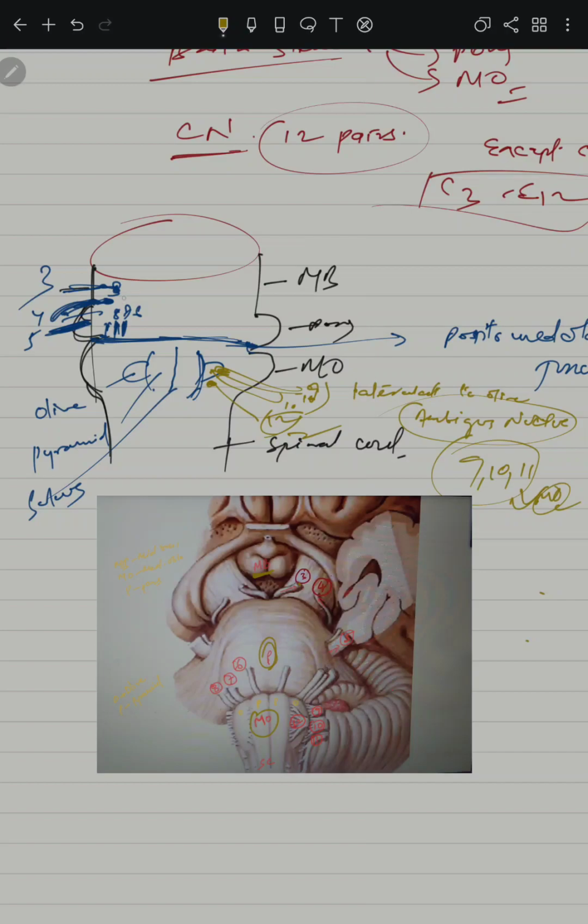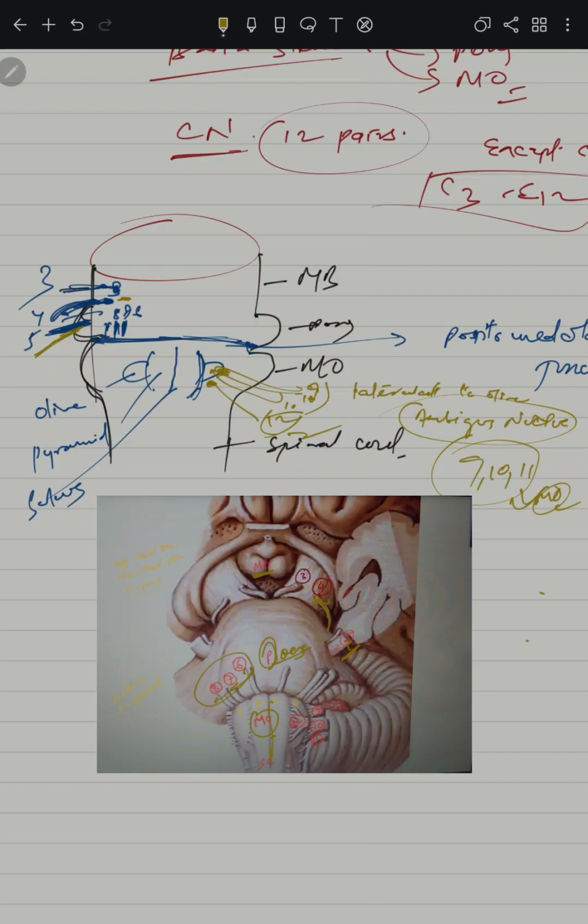As I said, 4 is not coming directly, it comes from the posterior to the anterior. And 5, 6, 7, 8: 5 from the pons, and here in the pons 6, 7, 8. This is the pons, then the medulla oblongata.